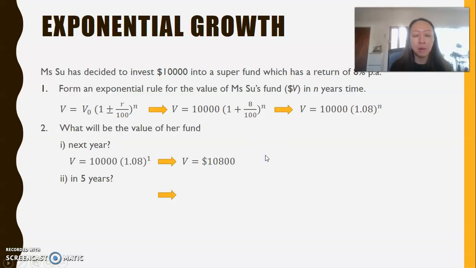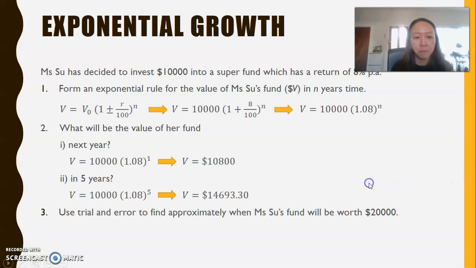What about in 5 years' time? In this situation, n will be 5. By substituting 5 into n, just put this into the calculator and you will get a final value, which I've rounded to 2 decimal places.